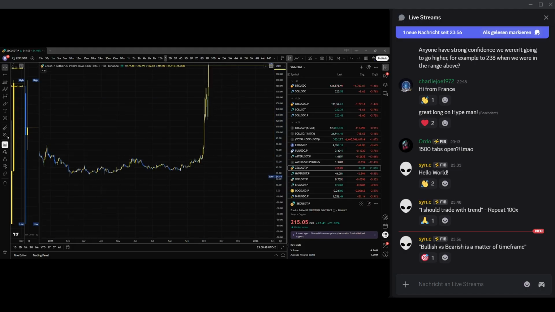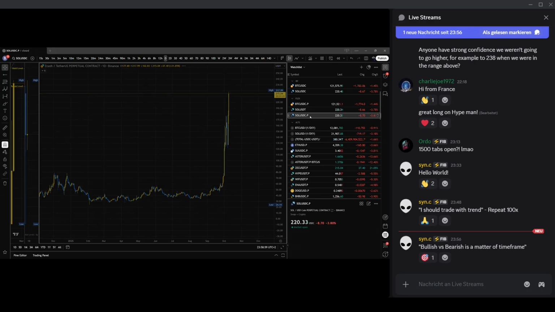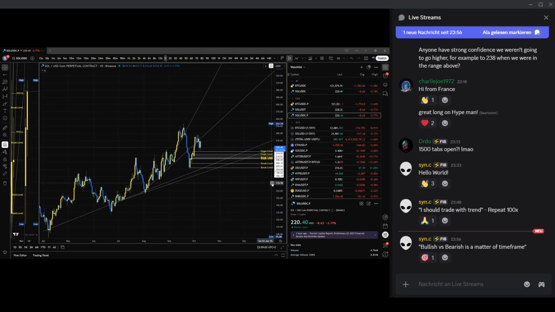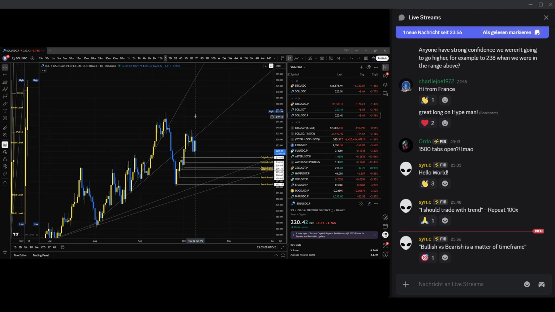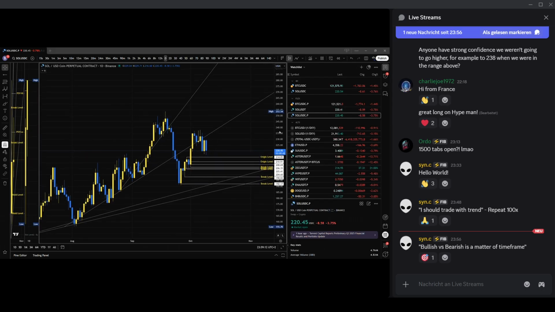But longing this anywhere doesn't really matter because price cannot go below zero. So not shorting if you don't know what you're doing, quote unquote, not to be mean, just to make you aware that shorting is much harder than longing, really.